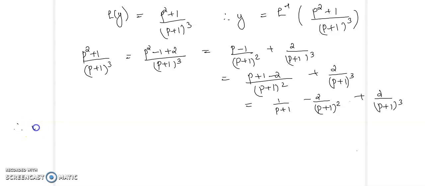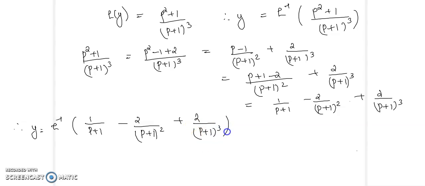So therefore y will be equal to L inverse of 1 by (p plus 1) minus 2 by (p plus 1) whole square plus 2 by (p plus 1) whole cube. So taking the inverse Laplace transform, you will get e raised to minus x minus 2x e raised to minus x plus x square e raised to minus x.